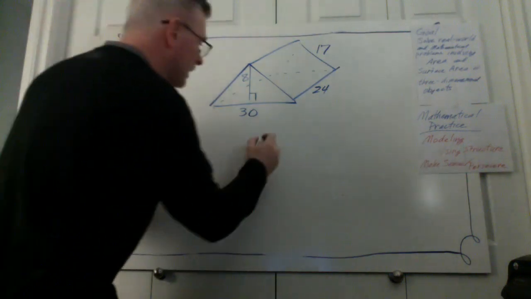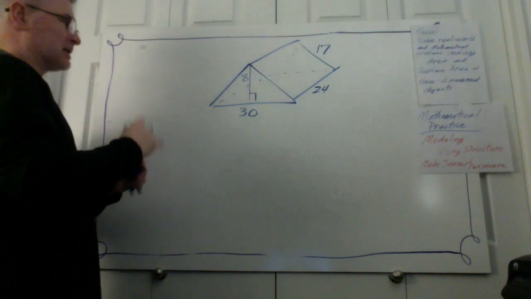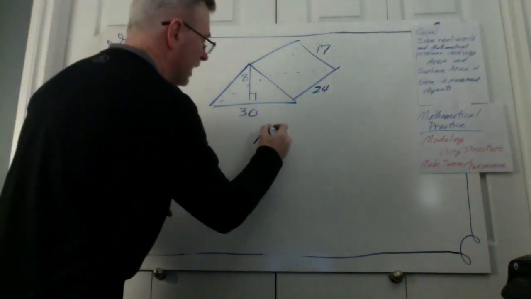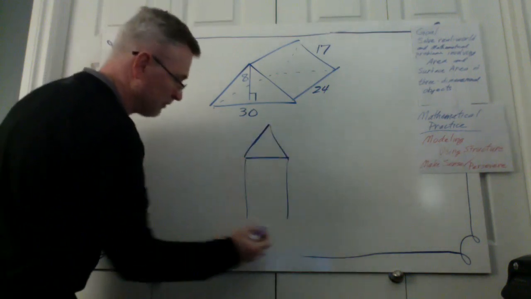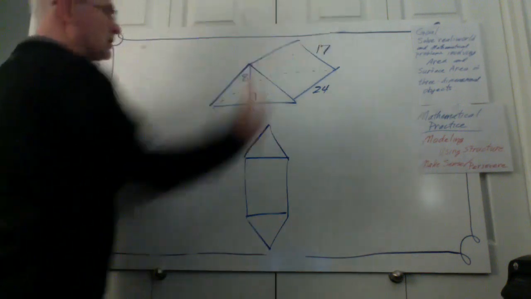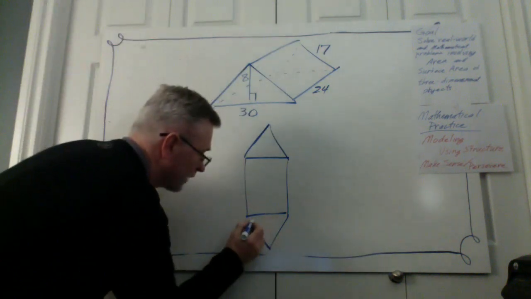However, if I push the triangles back like this and just flop the triangles back, I would have a triangle that looked like this on top of a rectangle, which would again be on top of the other. So I'm going to write this one front right here.